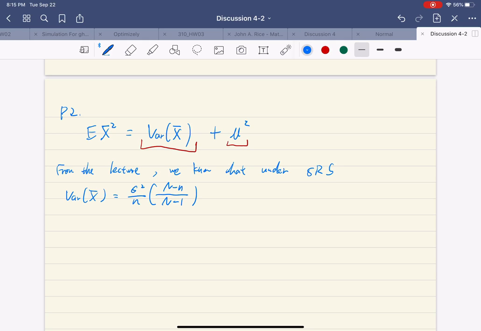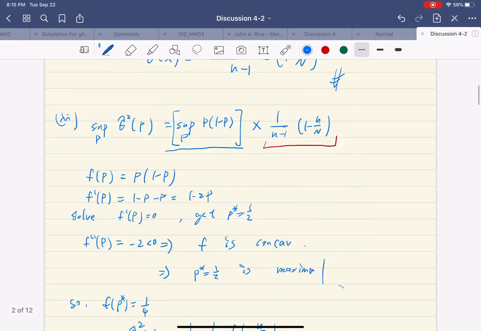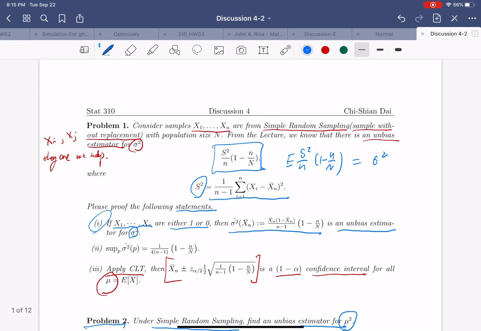And we also know that the S square divided by n minus 1, times 1 minus... let me check. Yes, it's the same.